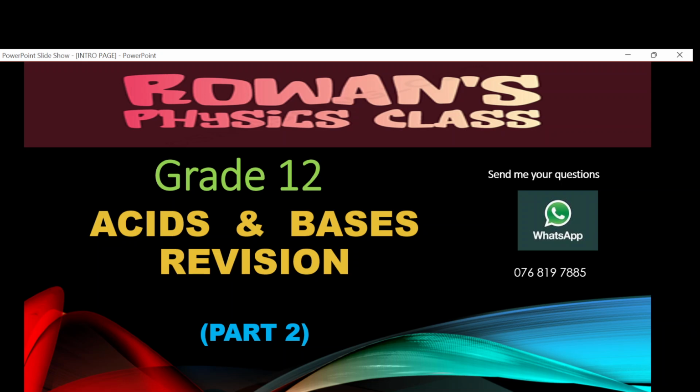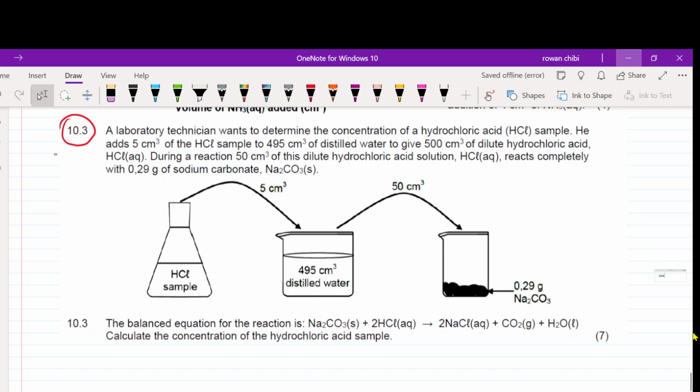So I'm gonna do this question. Now this question is the second part of the entire question 10. The first part is theory. Define the acid according to Lowry-Bronsted. Calculate the concentration of OH- if the pH is that.